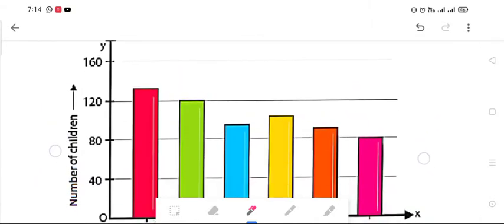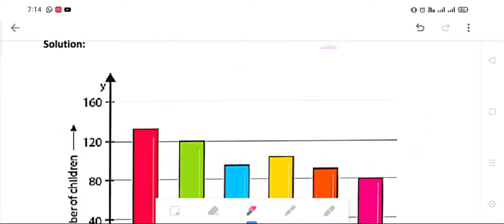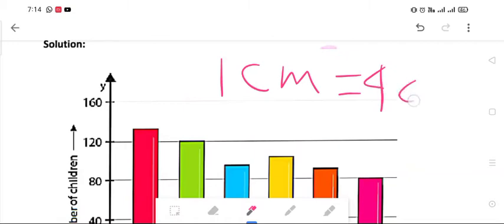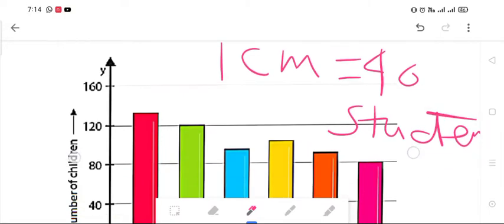So the scale, you can see, is 1 centimeter equal to 40 students.